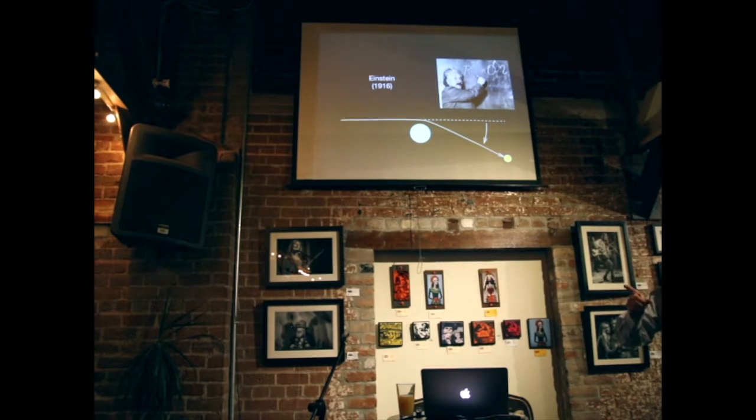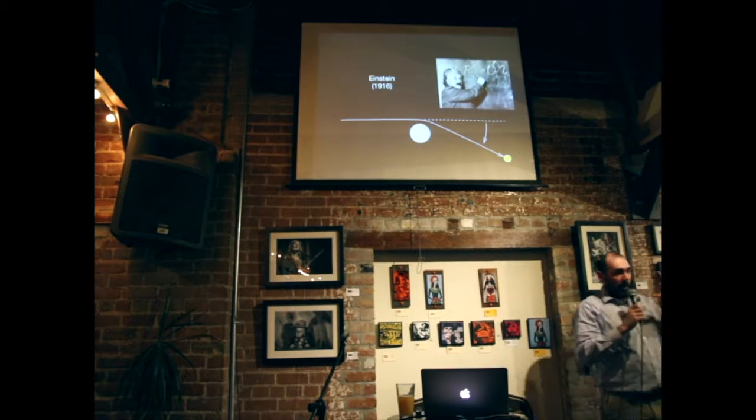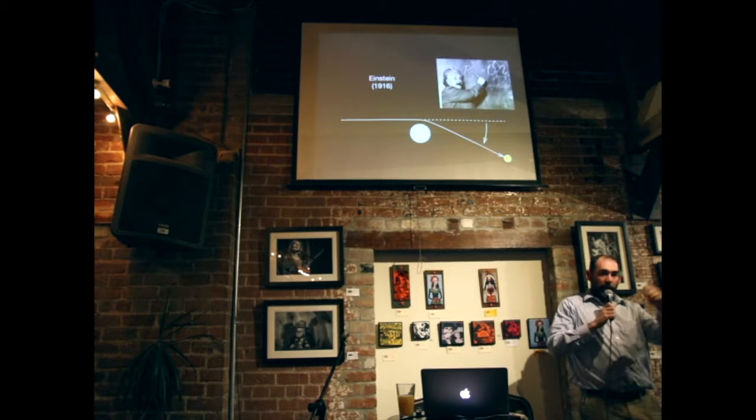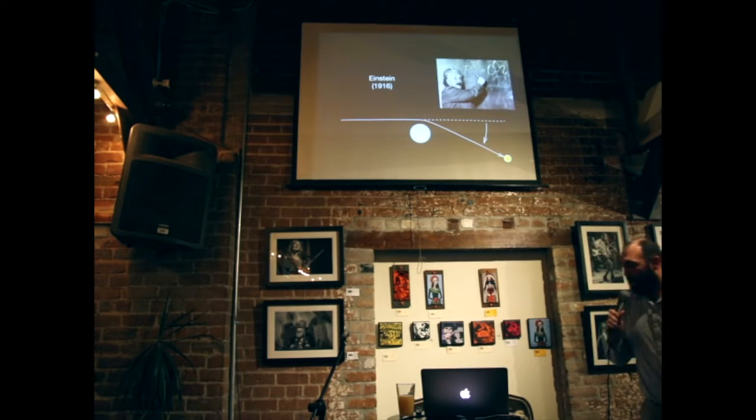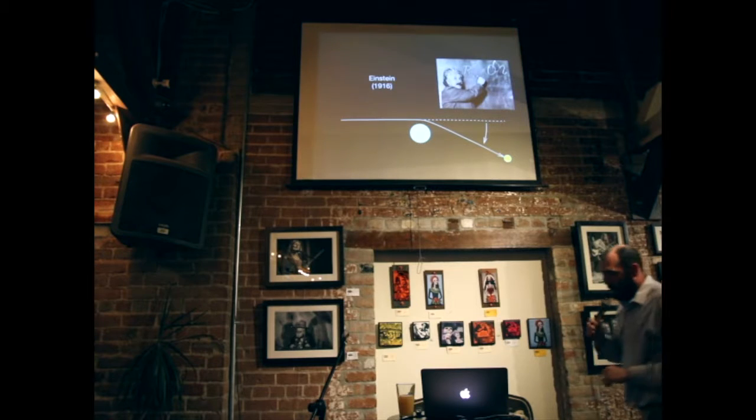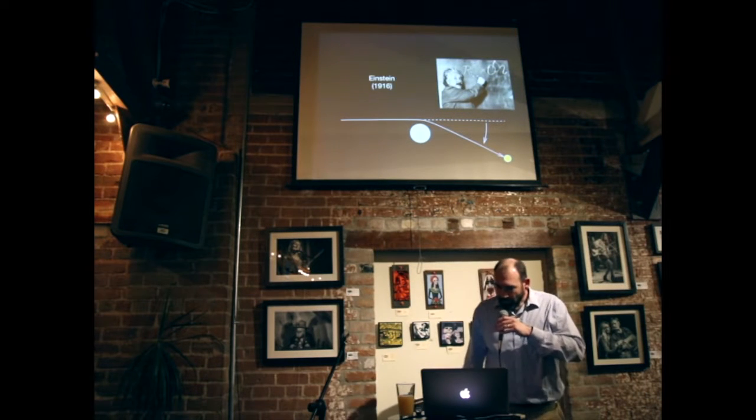But it predicted that the angle through which photons would bend would be twice as much as the angle through which massive particles traveling slower than the speed of light would bend. So this is one of the most important early predictions of Einstein's theory: that light paths would be bent by the action of gravity.